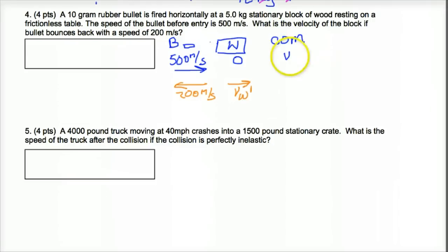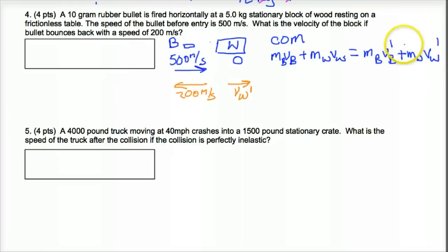So we can say the velocity of the bullet times the mass of the bullet plus the mass of the wood times the velocity of the wood before the collision equals the mass of the bullet times the velocity of the bullet after, plus the mass of the wood times the velocity of the wood after. There's no external forces. Our system is the bullet and the wood, and we've got a frictionless table, so that lets us say there's no external forces in the horizontal direction.